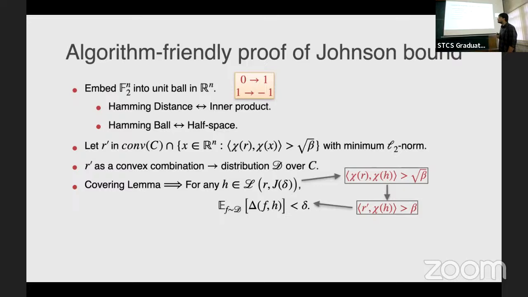Yes. So I just want to start with the setup. We wanted to say that around any received word, I want to draw a ball of radius j delta, and argue that this ball doesn't have too many code words. So the family F in the covering lemma is going to be the set of all code words in this ball.